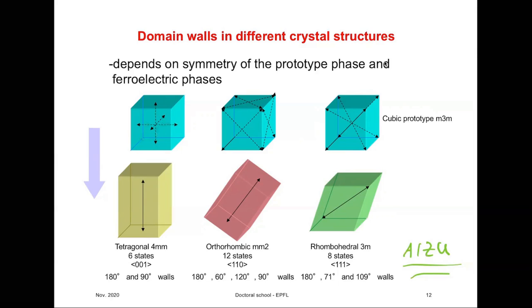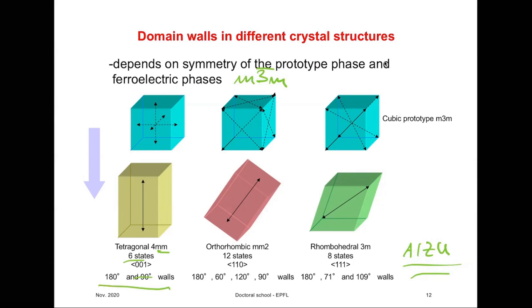That would give us a tetragonal phase. For example, if we start with the cubic m3m phase, we can get tetragonal phase 4mm with 6 states, and that will give you 180 and 90 degree domain walls.